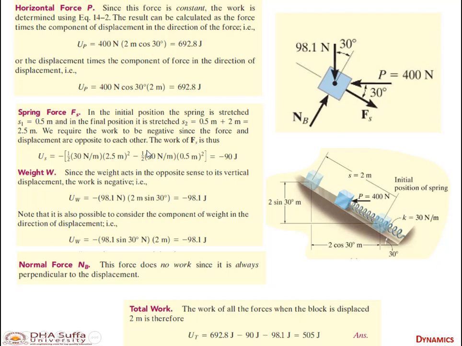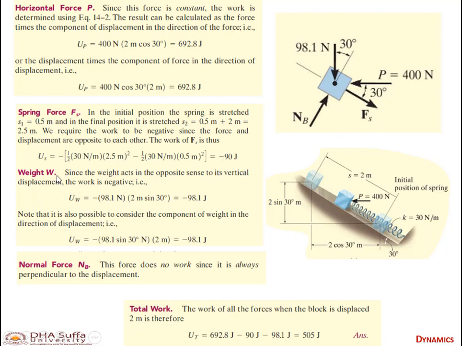We are getting minus 90 joules. The work done by the spring is negative because you are pushing it, and the spring is resisting the motion. So the spring is doing negative work on the body.